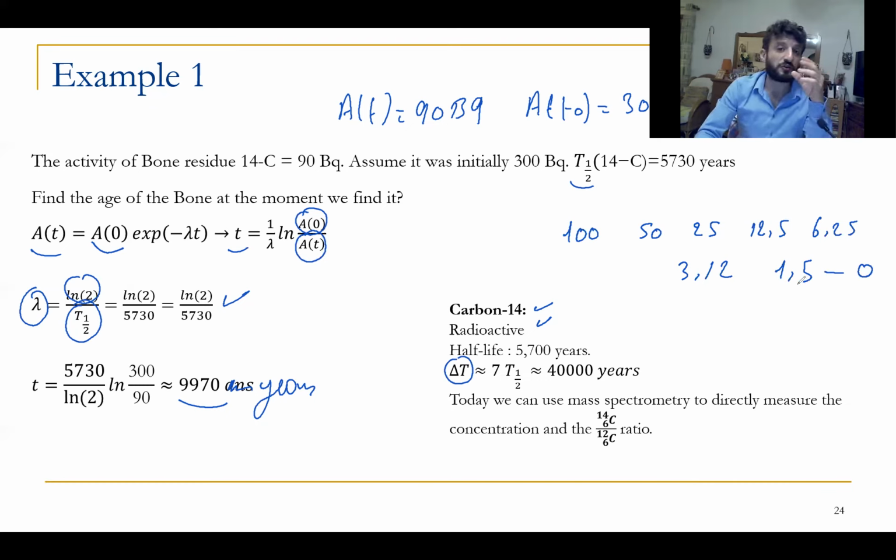So in general, the total lifetime of the unstable element is about 7 times the half-time: 1, 2, 3, 4, 5, 6, 7. If we have 1 half-time equal to 5,700 years, the total life of this element equals 7 times t half, about 40,000 years.